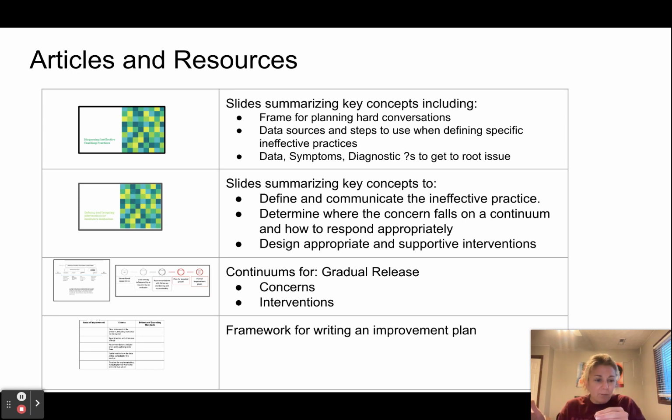There's this formative piece where we're having conversations, and I'm working with it with somebody informally. And then there's this point where now it's going to be on paper. That's really important because not every concern has to go directly to a plan.